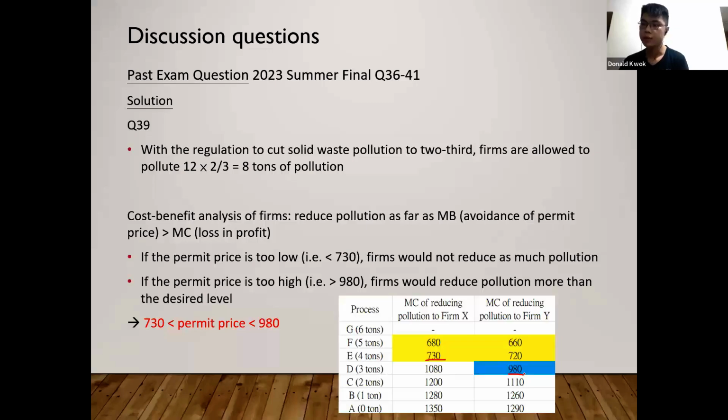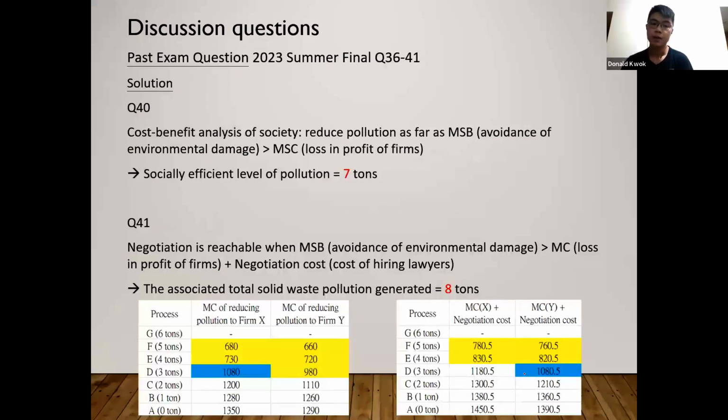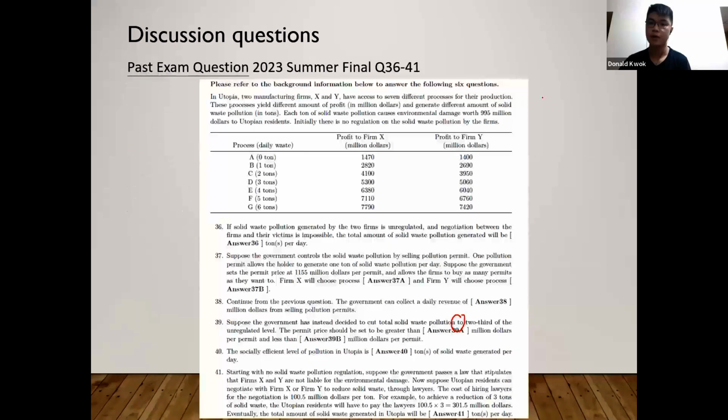Okay, question 40, to find the socially efficient level of pollution. It will be the cost and benefit of society as a whole this time. The benefit of reducing pollution to society is avoiding the environmental damage of 995, the number at the very beginning here.